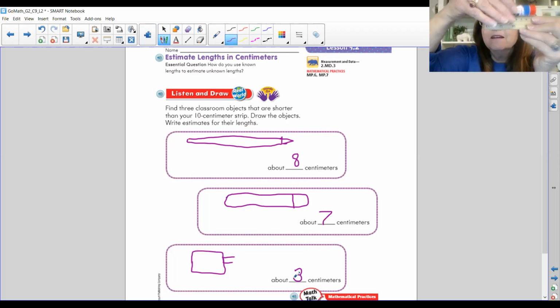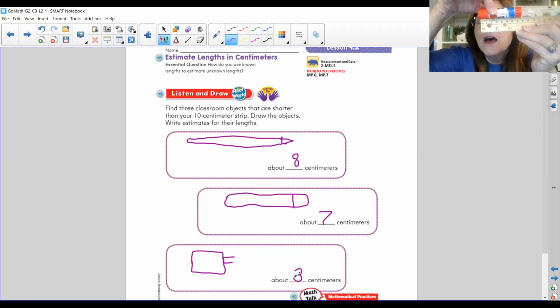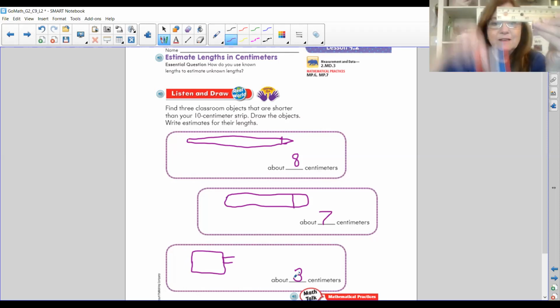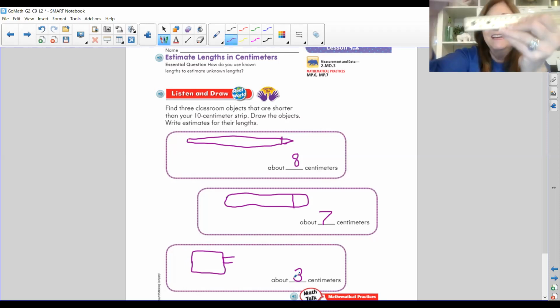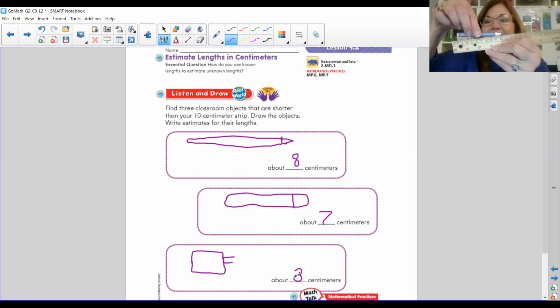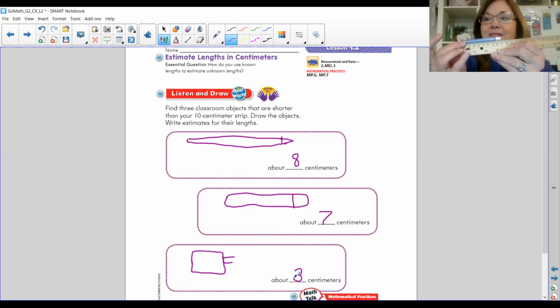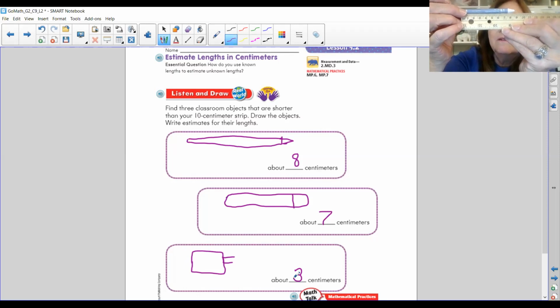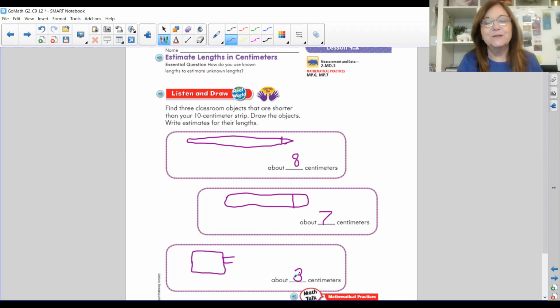And the glue stick, oh, we were a little off. That one was 8, and I put 7, but that was a good guess. And then the crayon is about, oh, the crayon is about 9. So I was 1 centimeter off, and centimeters are so small that we're not really going to worry about that.